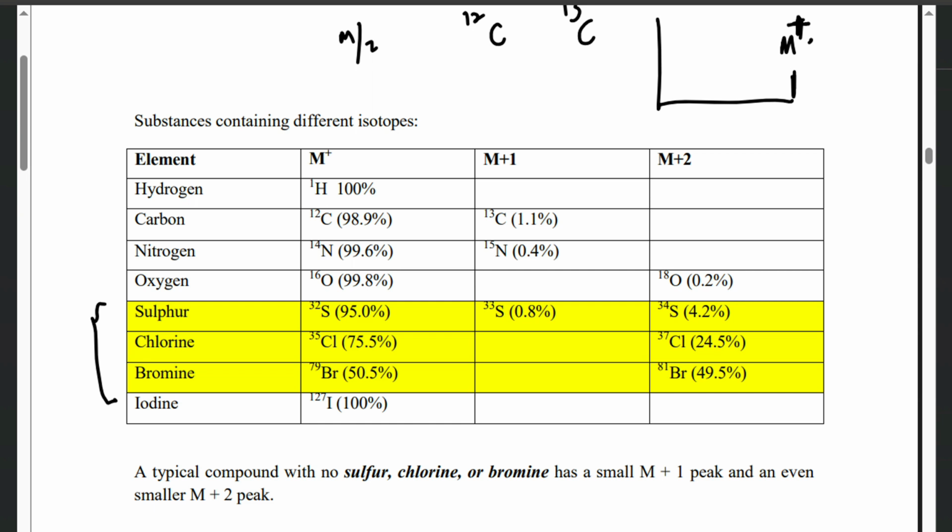So we only have M plus here. But substances that have different isotopes, we can have M plus, the M radical ion. We can also have M plus 1, M plus 2 that correspond to the different isotopes.